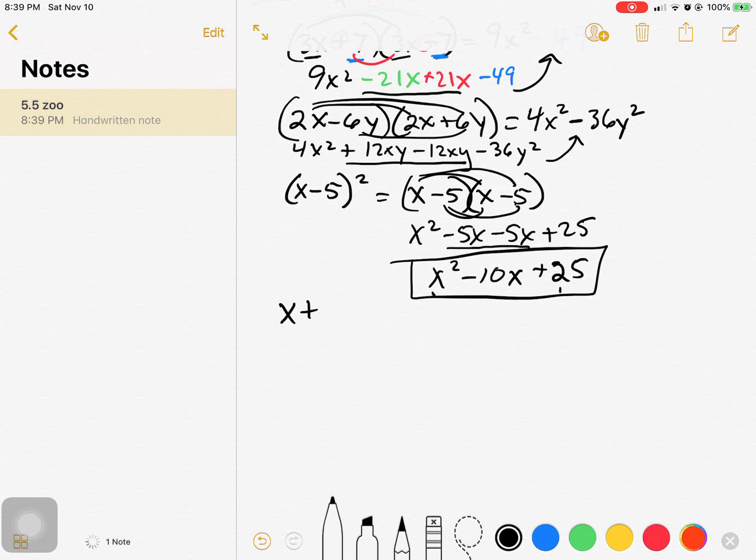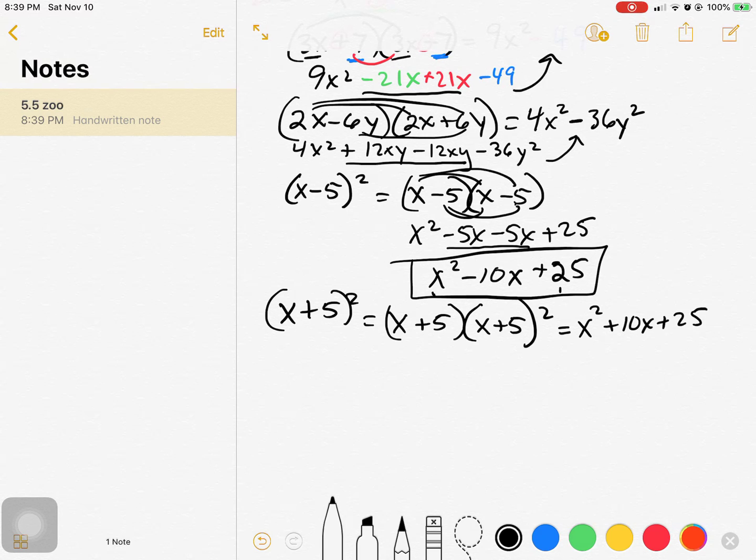So if you had, let's say, x plus 5 times x plus 5, this would be x squared plus 5x plus 5x, which is plus 10x, plus 25. There's just a little sign difference here because of the plus versus the negative. So they're just saying there might be a shortcut if you recognize that.